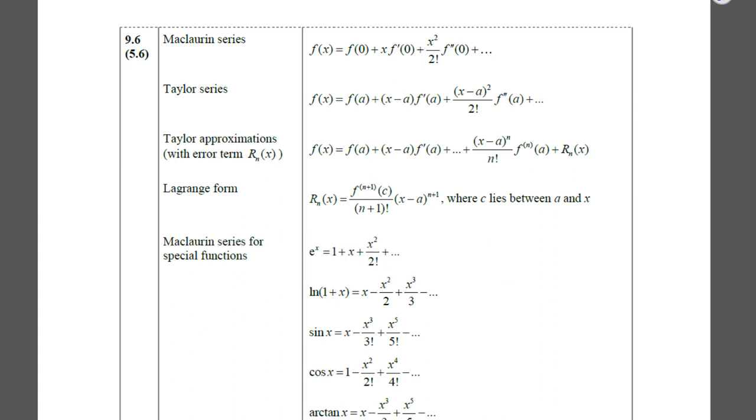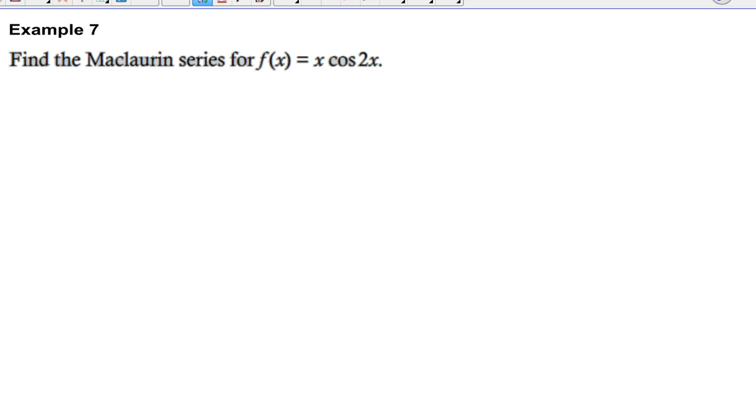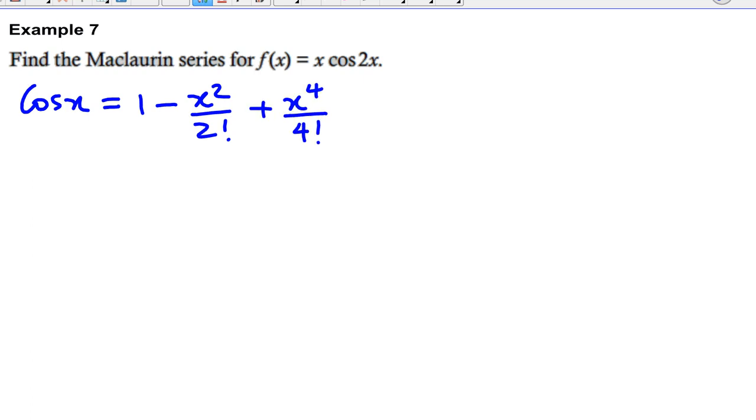So cos x is given by 1 minus x squared over 2 factorial plus x to the power 4 over 4 factorial minus x to the power 6 over 6 factorial plus whatever comes next.